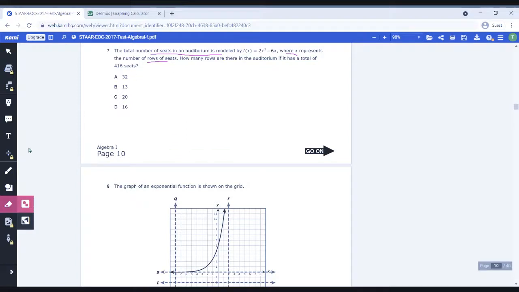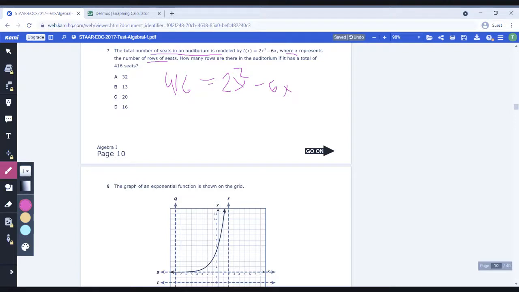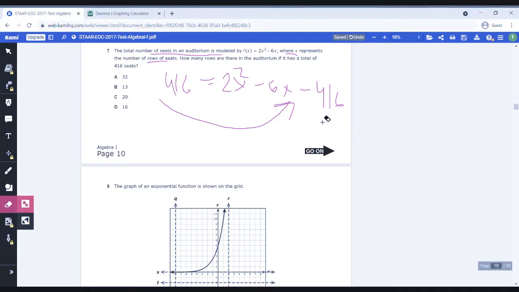So we would do 416 equals 2x squared minus 6x, because we have to solve for x, the number of rows. If we move 416 to the other side, it turns negative. So let's solve for this using the x method.